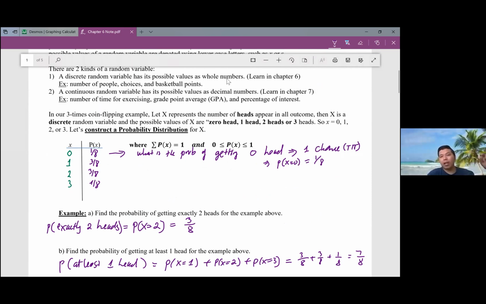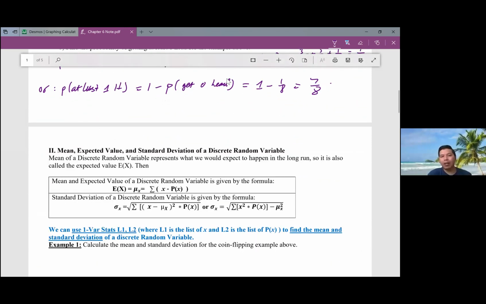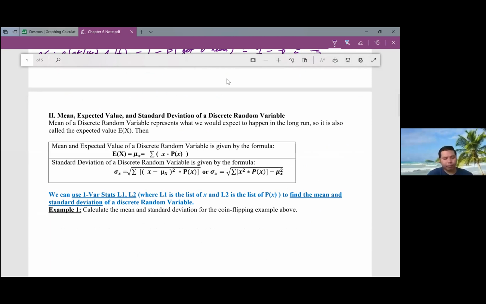You can think of the frequency, how many times it has happened. Here you have a 1 out of 8 chance of getting a 0, and a 3 out of 8 chance of getting a 1. Therefore, to find the mean, or expected value, of a discrete random variable, we simply take x multiplied by P of x. We look at each outcome and multiply it by its probability.